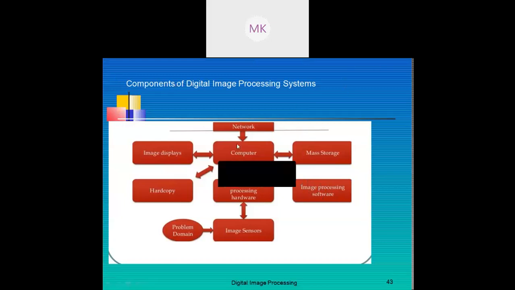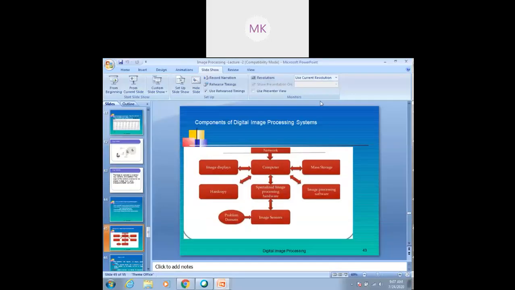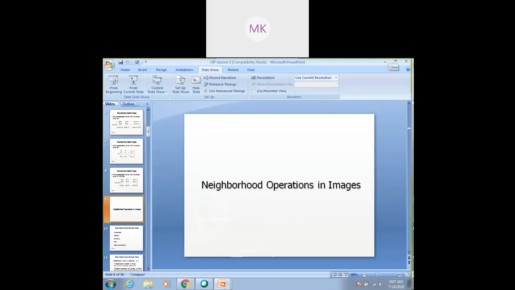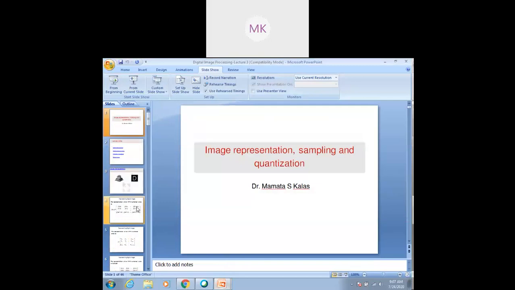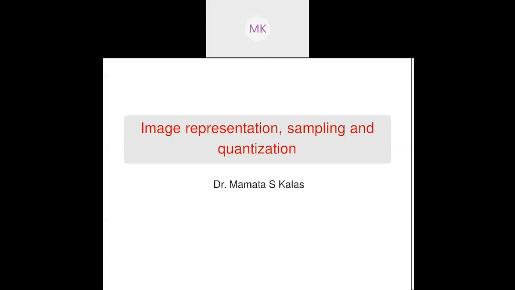Coming to the representation of the image. We are going to consider the representation of the image. An image can be represented in matrix form, or it can be represented in three different ways.